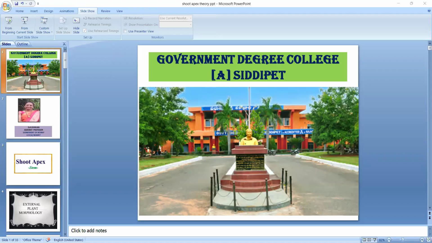Bud scales are modified leaves for the protection of the bud. Next, the dormant shoot apex with its protective scales is a bud. Bud scars are the scars left from the removal of a bud. Next, the leaf primordium is an immature leaf of the shoot.